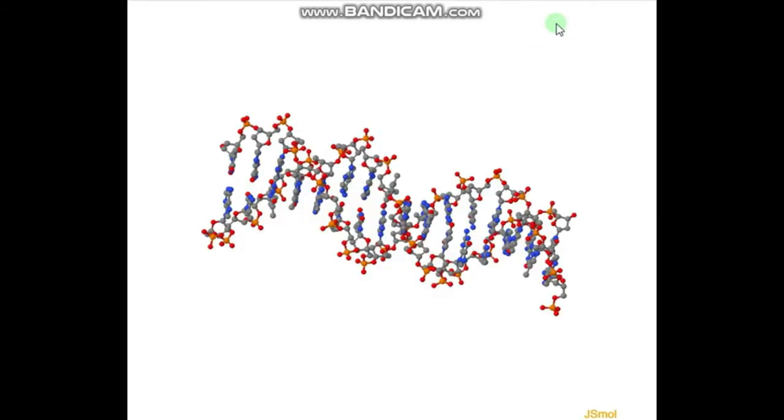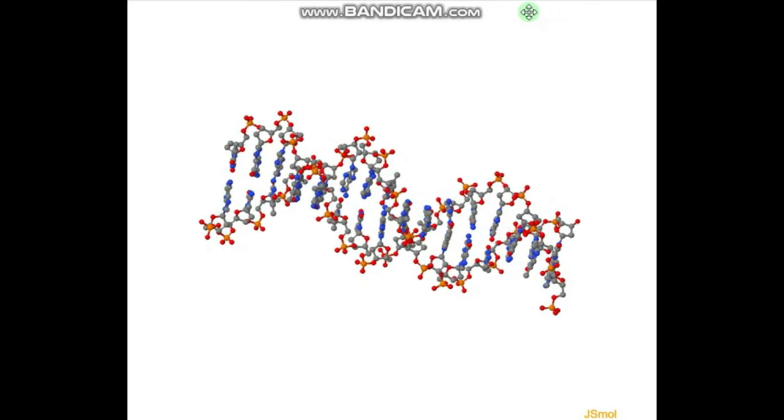Now that raises quite an interesting problem, which is to do with how you fit the DNA inside a cell. We need to do a quick calculation so that you can appreciate the size of this difficulty.